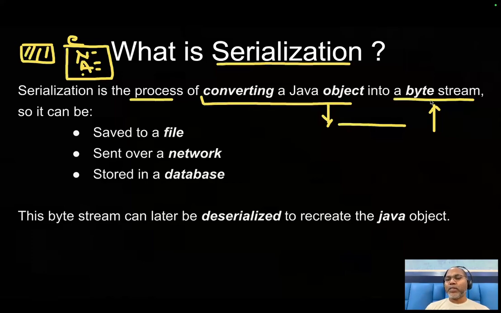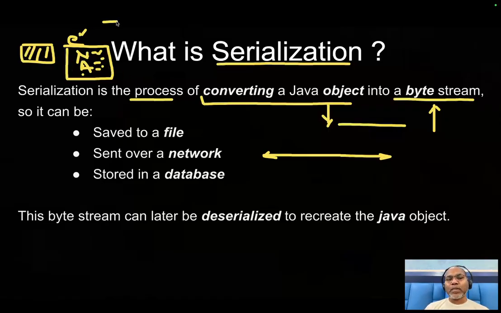So what do you mean by byte stream? A byte stream is also information. Generally, whenever you are sending content on the network, it always traverses in the form of a stream representation. But this is not a flat string holding just the name, age, and address. Apart from that, it also holds the structure of the Employee class.